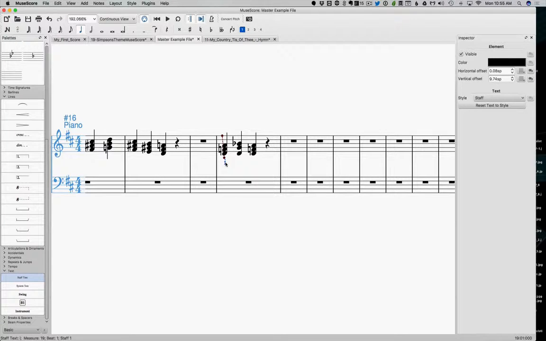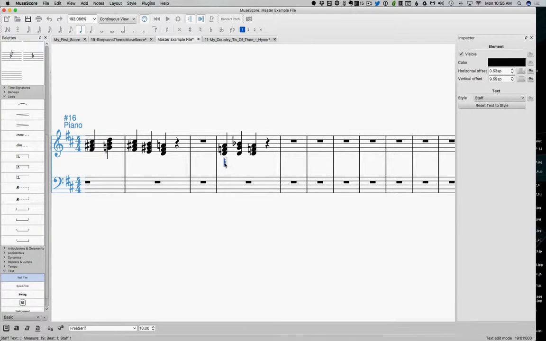Okay, so we're going to start labeling some chords multiple ways at the same time. So let's first notate what this actually is. So this is a 1, 4, 1.